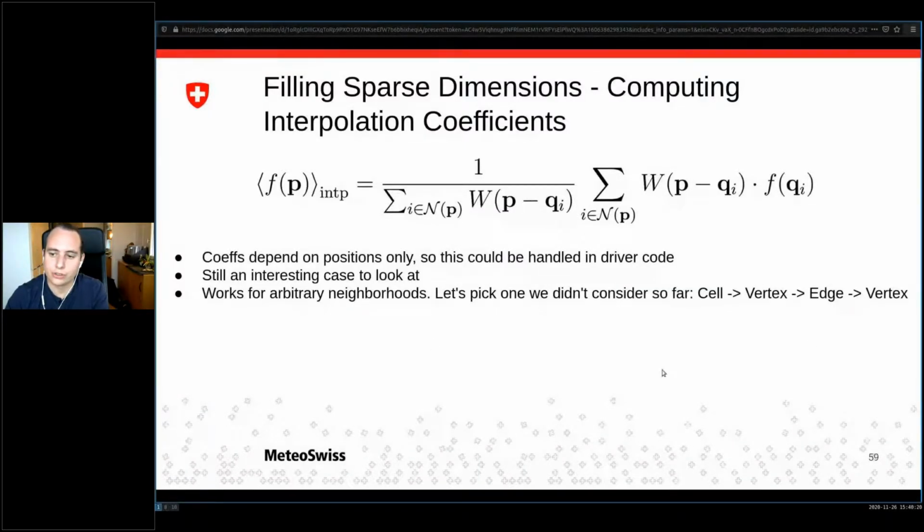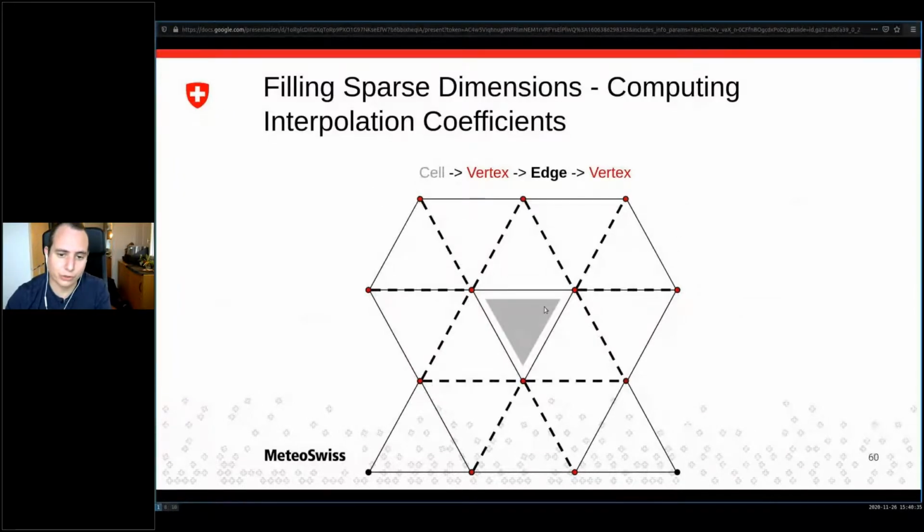I chose an arbitrary neighborhood because the code up there is supposed to work for any possible neighborhood. So we are going from a cell to a vertex, from an edge to another vertex, why not? And I was a little bored to make an animation again, so I hope this is still clear.